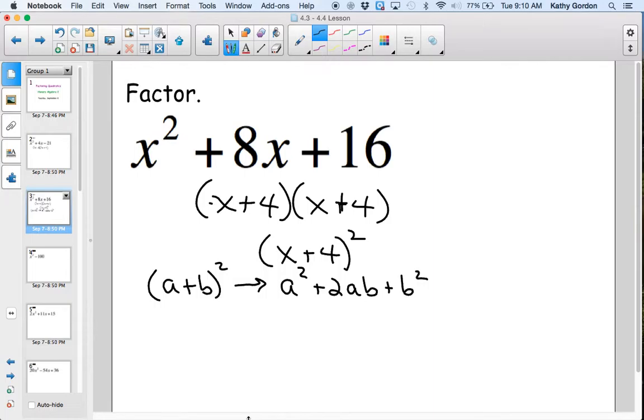Okay? So you can use patterns to work this out, or just go back to the old way: what are the factors of c that add up to b, and work it out that way. Either way works. Good.